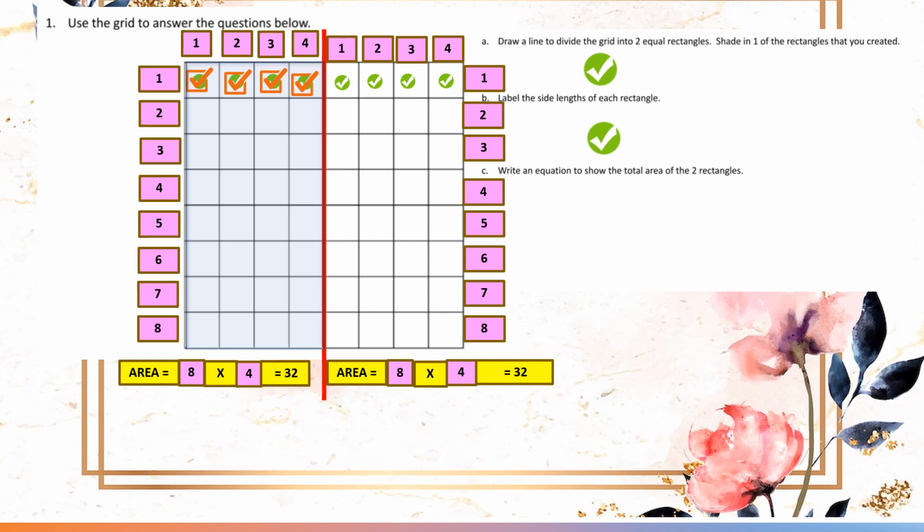Okay, so we have two rectangles. I'm going to name them. So the rectangle that we shaded in, I'm going to name it rectangle A. And I'm going to go ahead and write the equation part for rectangle A. So we have rectangle A, the area is 32.